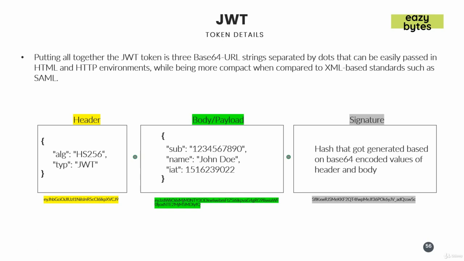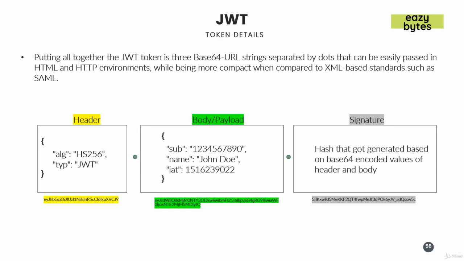You may ask, why do you want to send the base64 encoded header and body? You can also encrypt the header and payload to provide more security on top of the hash value that we maintain in the signature. Yes, even that scenario is very valid. If you have a stronger requirement of encrypting even the header and body so that no unauthenticated application can see the actual values present inside the header and payload, you are free to use it.